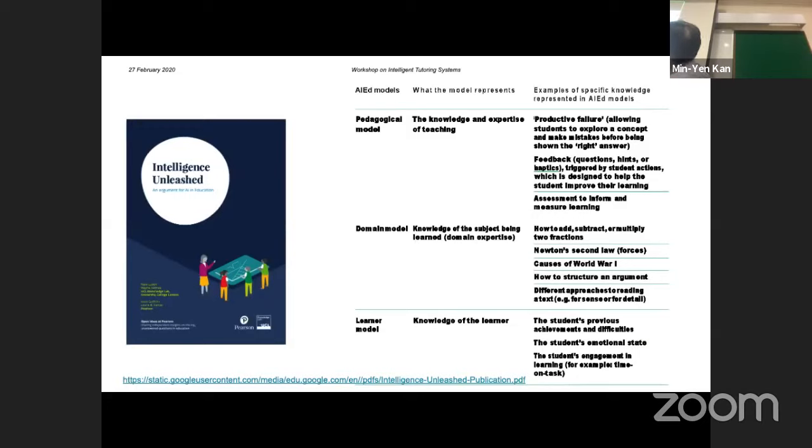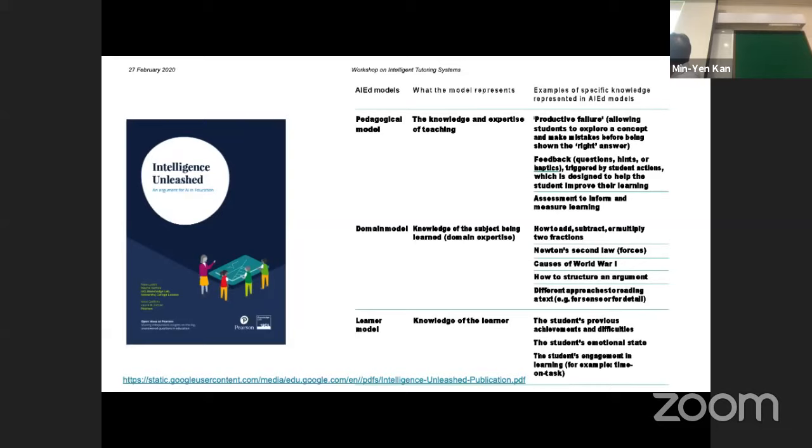So these are examples of the pedagogical model. Then the domain model, you can see there are different kinds of skills: adding, subtracting, fractions, Newton's second law, causes of World War I. So all these different topics. And then knowledge of the learner.